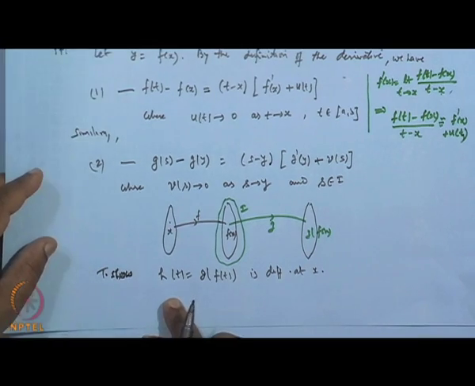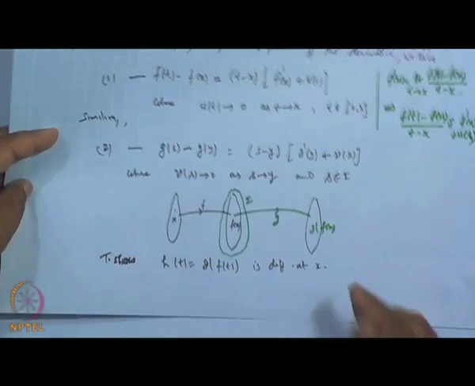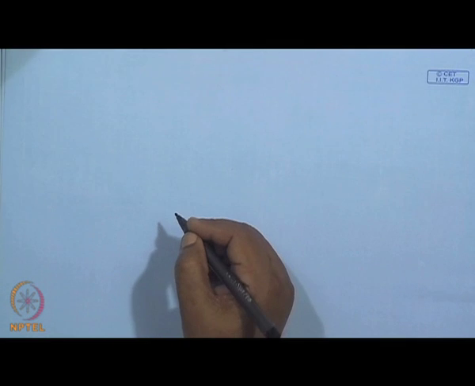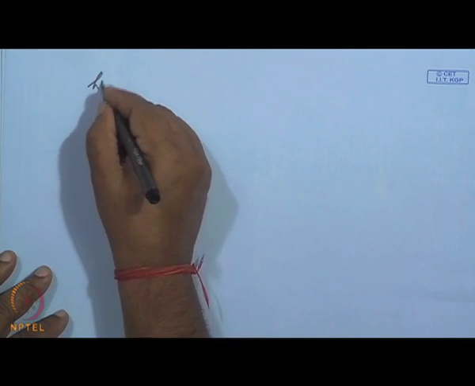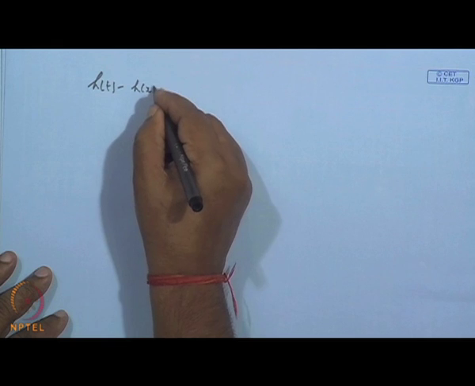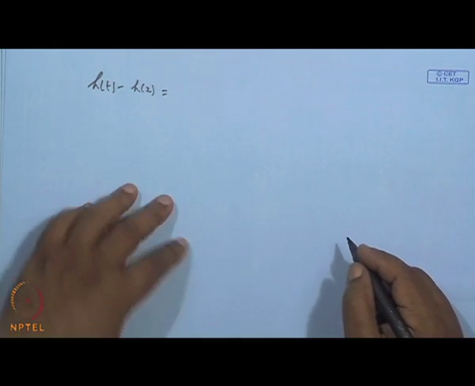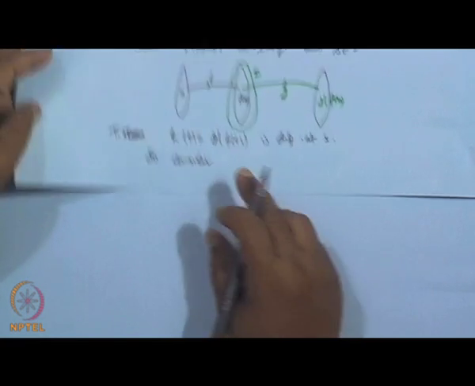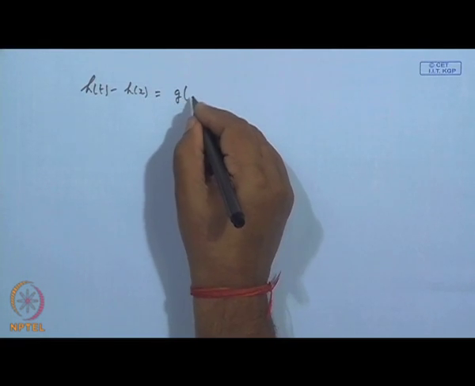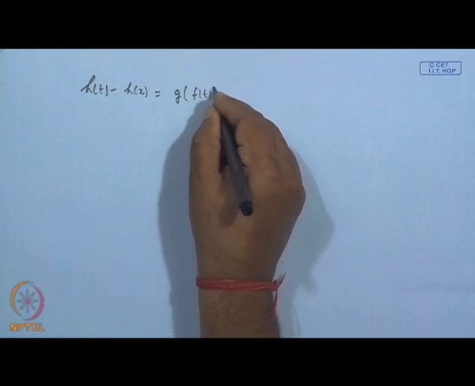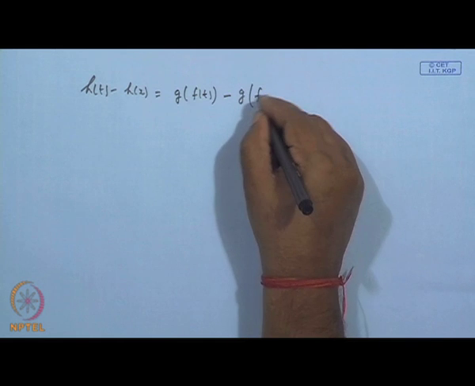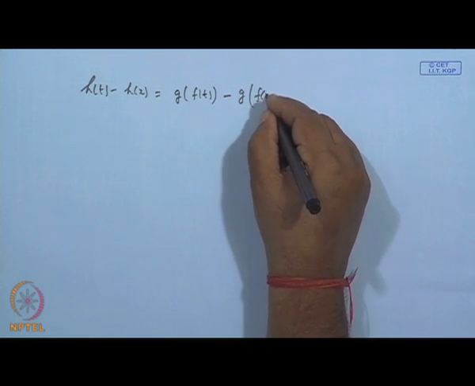So write down the relation h t minus h x. So consider h t minus h x. Now h t minus h x, where h is the function g of f t, we can write as g of f t minus h x, which means g of f x.